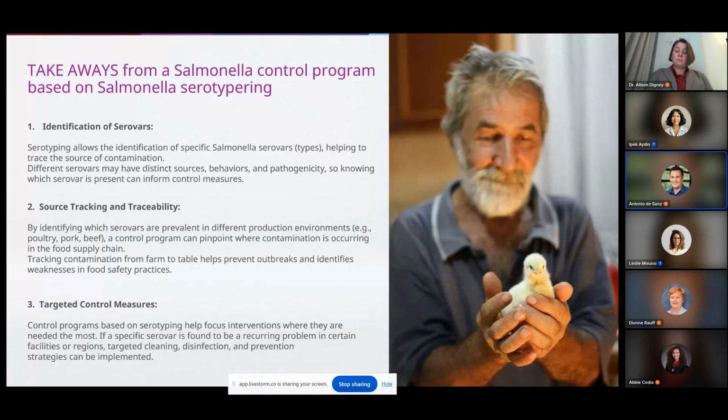At the end, targeted control measures, control programs based on serotyping, help to focus these interventions, these actions, where they are needed the most. Instead of cleaning all the farms, you may just clean the farm that is causing the contamination. So it is better to focus on the problem.